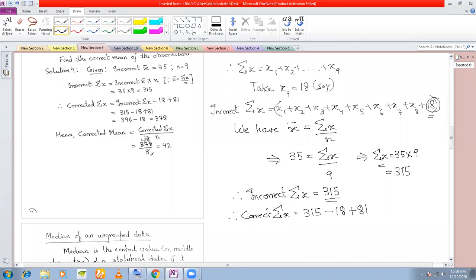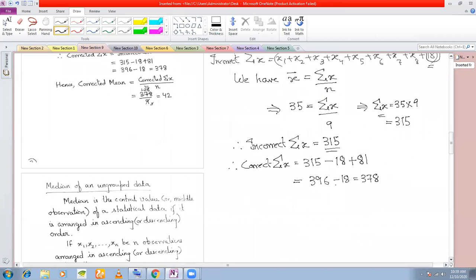So this will give me the correct value of the sum of the observations. If you add up 315 plus 81, it comes to 396, minus 18. So this is 378. So this is the correct summation x.